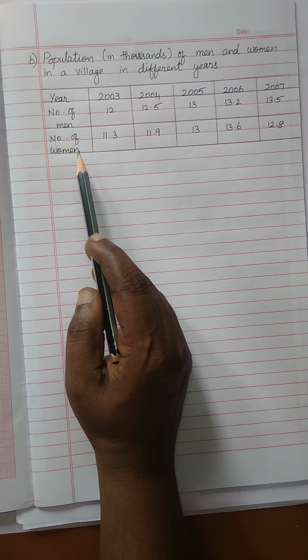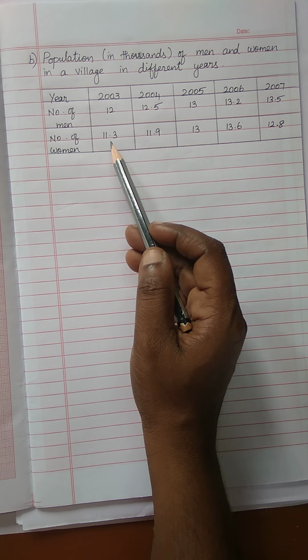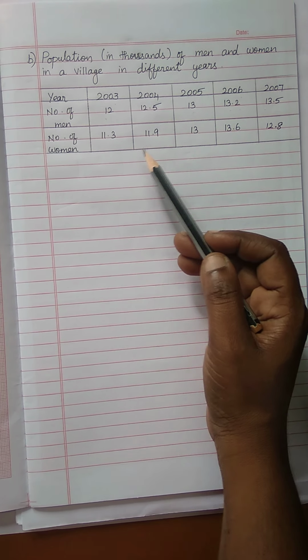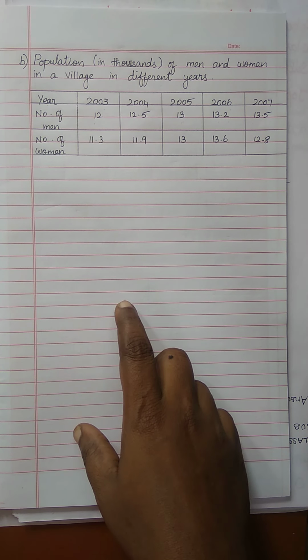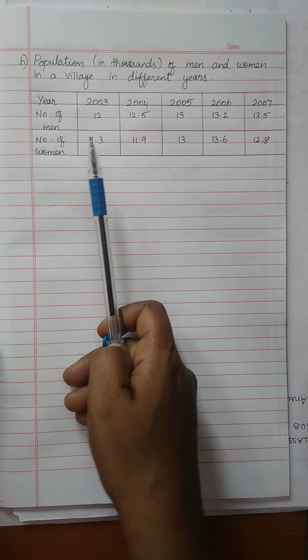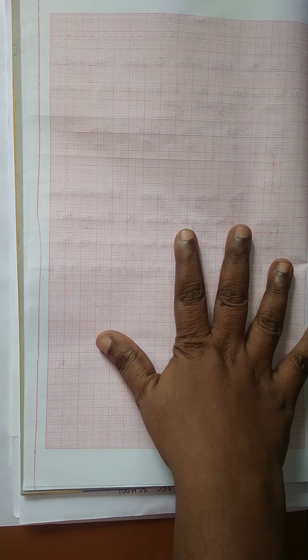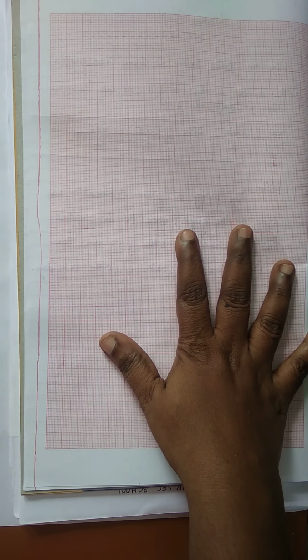Now the number of women: 11.3 means 11,300, here 11,900. So in the second question, the population of men and women in a village in different years is given. In the first step, we are going to draw an x-axis and y-axis. Now take your scale and pencil, sharpen your pencil.